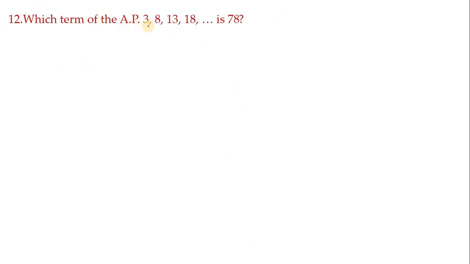Which term of the AP 3, 8, 13, 18 is 78? Options are 12, 13, 15 and 16. Actually what we wanted to find, which term, in the sense we have to find n value. So AP is given.